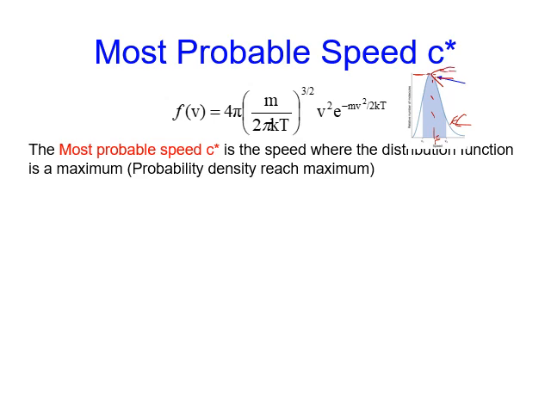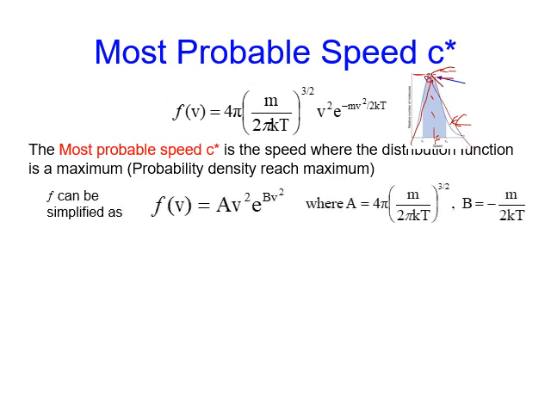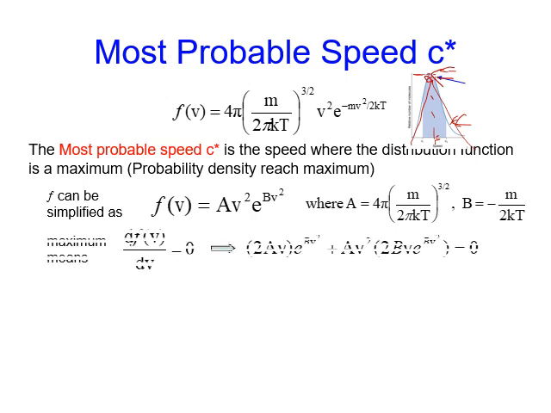In calculus, if you have a function, the maximum is calculated by setting the derivative to be 0. We are going to skip all this. If you are interested, you can take the derivative of this Maxwell-Boltzmann distribution, set it to be 0, and you can find out the speed.